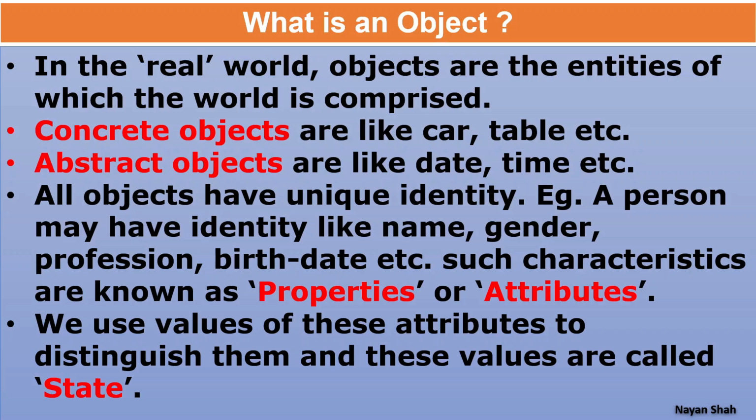Student 1's name is Vishal, student 2's name is Manish, student 3's name is Krutarth. So all these 3 students have different names, and that is called the state of the object. The state of the object helps us in identifying every object individually.